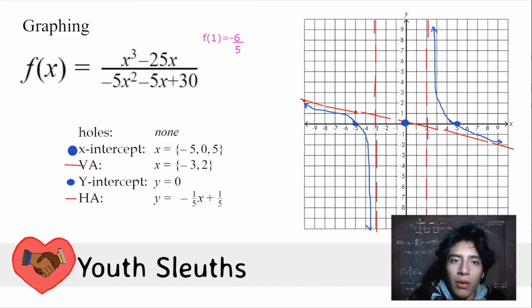You're going to plot that point down here. So 1 and -6 over 5. So right after 1, right here.